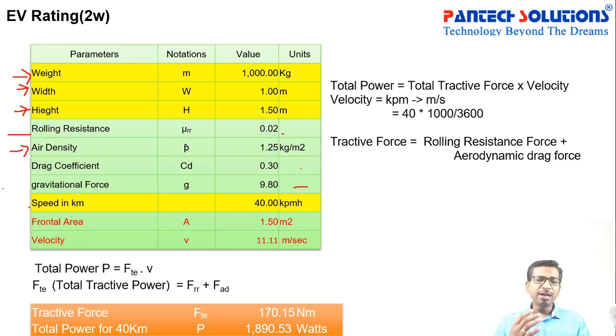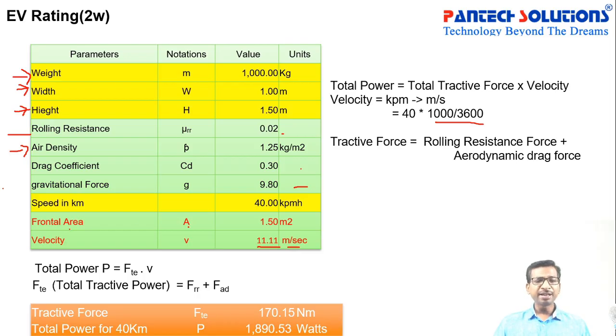Now I want to run my vehicle at 40 km per hour. In that condition, first you should convert kilometer per hour into meter per second. That is 40 into 1000 divided by 3600. Then the velocity of the vehicle is 11.1111 meter per second.